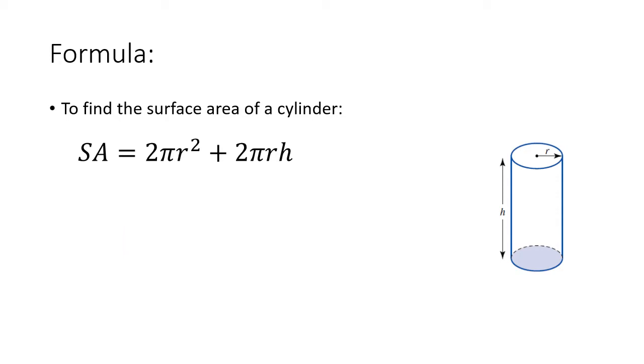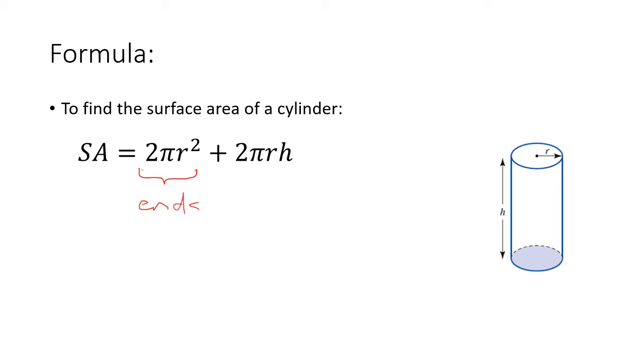So here's our formula written in just one simple equation. The surface area of a cylinder is 2 pi r squared. Remember that we had two ends, each with an area of pi r squared.